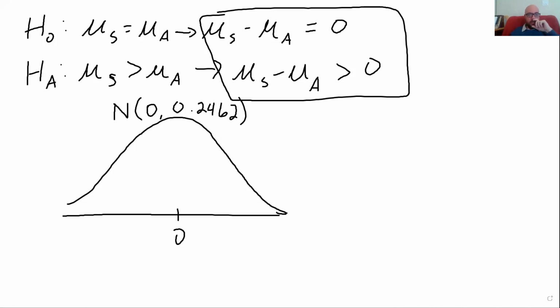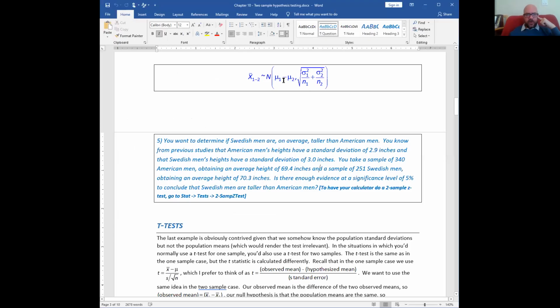And then what I want to do is find out what the actual difference that I saw between the samples was. So let's go back to here. So I've got my sampling distribution written. So the thing I want to notice is that I had x bar sub s minus x bar sub a is 70.3 minus 69.4, which you can see is 0.9.